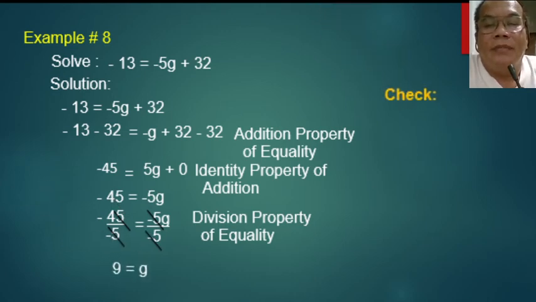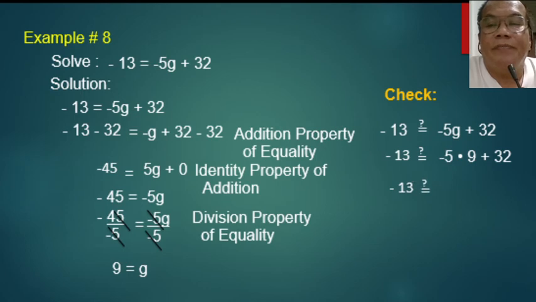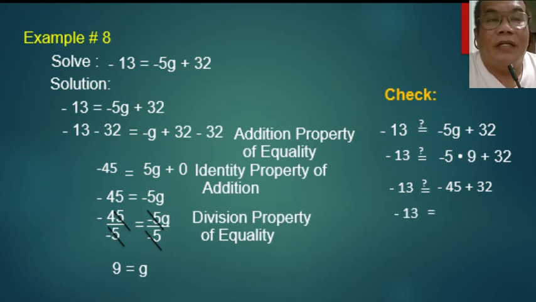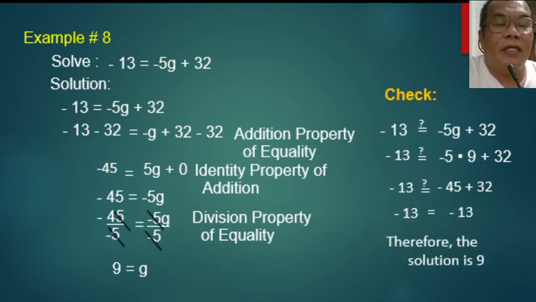And to check, just substitute: negative 13 is equal to negative 5 times positive 9 plus 32, that is negative 45 plus 32, so negative 13 is equal to negative 13. So again, the solution is positive 9.